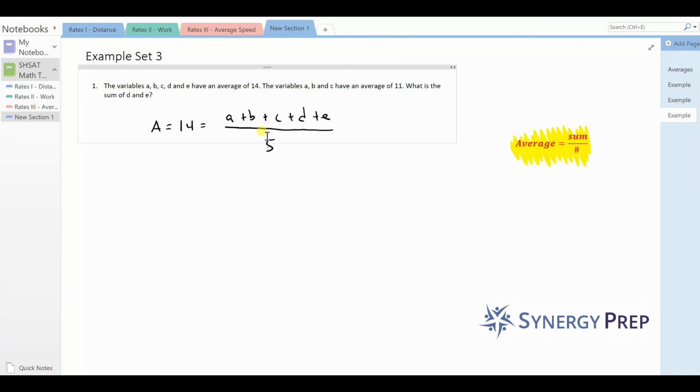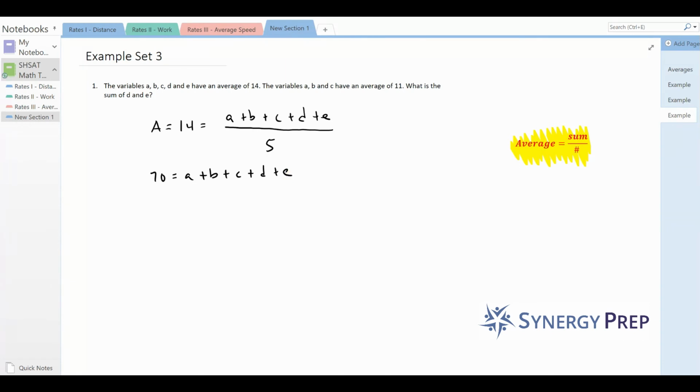Now, we never want to keep it in terms of fractions. That's always something that you want to get rid of. You always want to multiply out the denominator. So multiply both sides by 5. 14 times 5 gives you 70. And 70 is equal to A plus B plus C plus D plus E. Right? That's the first part.